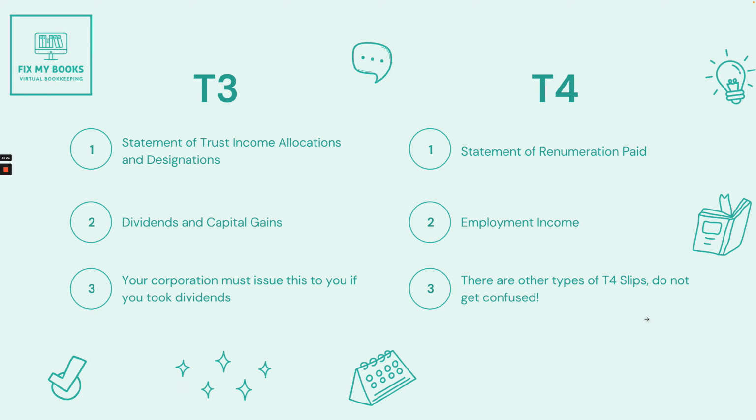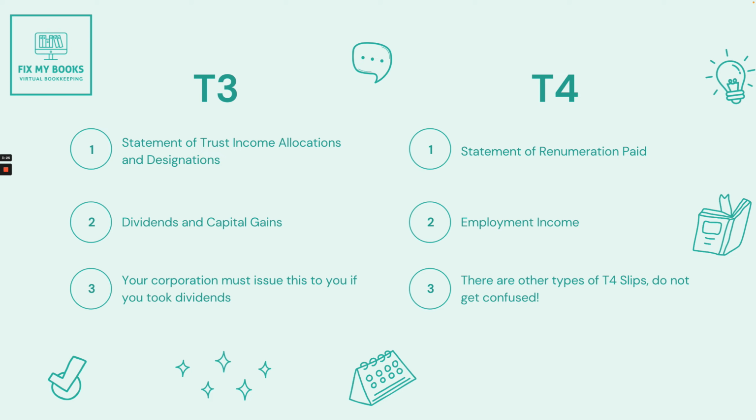Okay, next. So what is a T3? A T3 is actually the Statement of Trust, Income Allocations, and Designations. That's the name of it. Usually this will show your dividends and capital gains for the year. So if you have a corporation and the corporation issues you dividends throughout the year, like this is a corporation you own, right?